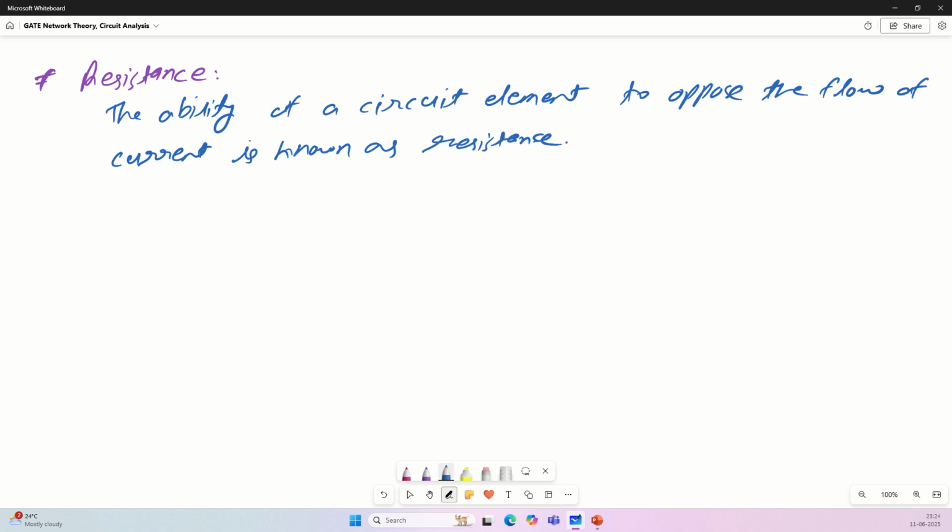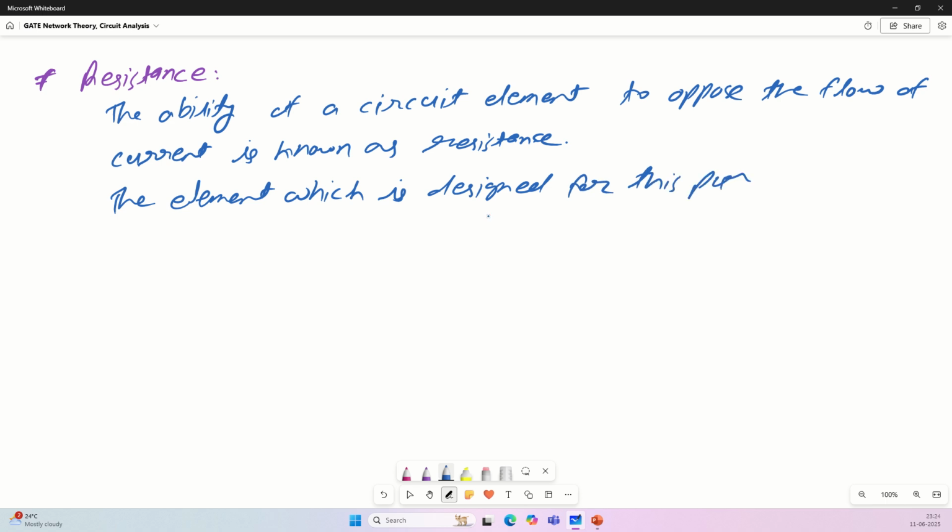And the element which is designed for this purpose is called a resistor. Okay. So resistor is actually represented like this.